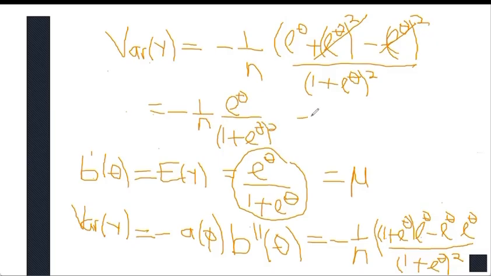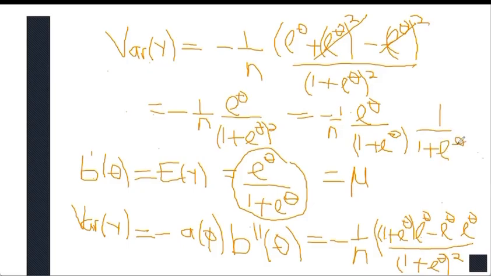Now from here, I can break it down into e raised to power theta divided by 1 plus e raised to power theta, and 1 over 1 plus e raised to power theta, because of the square that you see here.